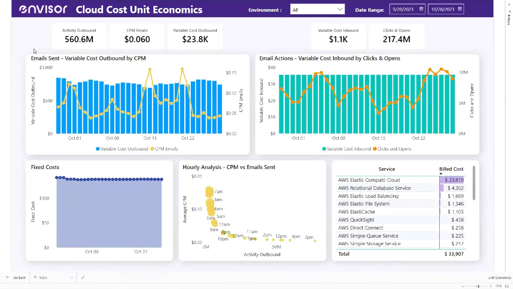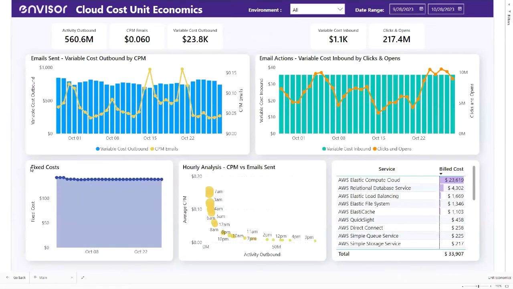Outbound, which you see here in the top left, is around how many emails were sent, what was their cost of outbound, things like that. Then they have inbound. These are how many people clicked on emails, how many people opened emails. It causes a web server load in their environment, which has associated cost with that. So they're able to track both the activity and the cost of those two aspects of their system.